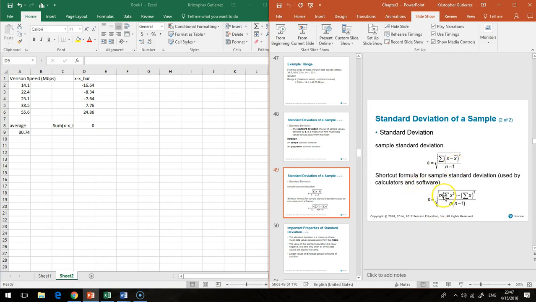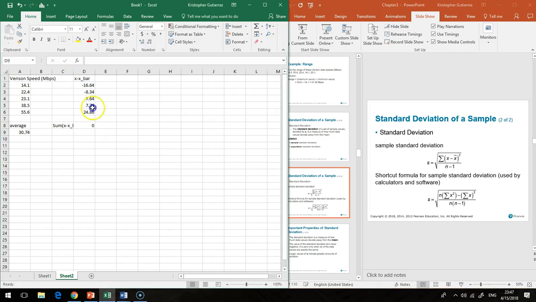S is equal to square root of n times the sum of x squared minus the sum of x quantity squared. And so we could use either one of those. All right, so let's take a look at what we would get for this one, which would be the same as this one. So back to our Verizon. Instead of x minus x bar, I'm going to do x minus x bar squared.